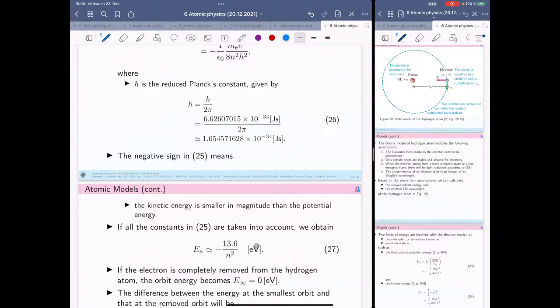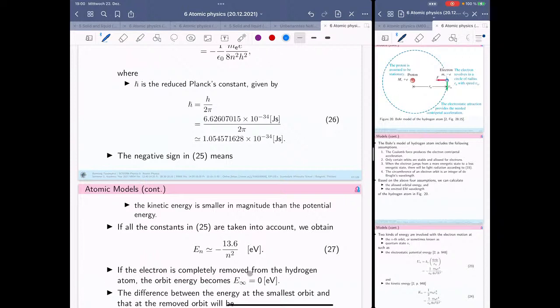Once we talk about atomic models, the most appropriate scale of energy is electron volt. We don't talk about joule at all. Joule is the general scale of energy or work in many physics scenarios, but for atomic scale we use electron volt, which gives 13.6 over n squared.